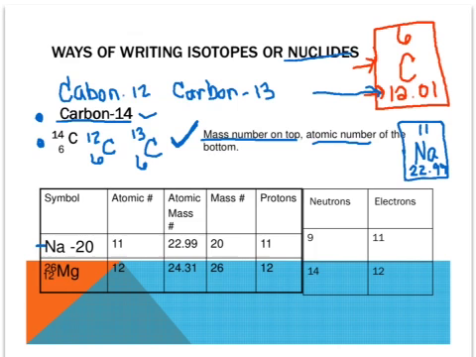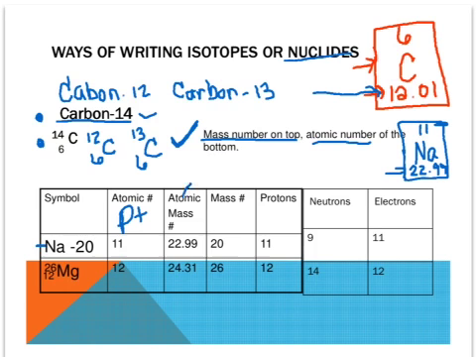To find the atomic number, which is the number of protons, I look on my chart, and here it is. It's the smaller number. The atomic mass, which is 22.99, is the number from the periodic table.